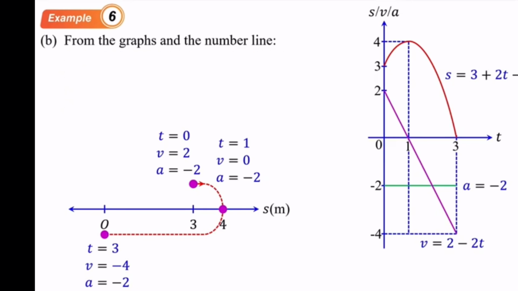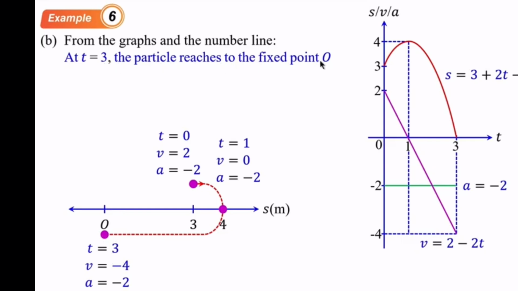All right, so we need to be very careful when we describe the movement of the particle at an instantaneous point. Okay, now we want to describe the movement of the particle when the time is 3 seconds. What happened when the time is equal to 3 seconds? The particle reaches the original fixed point O, right? Because its displacement is 0.